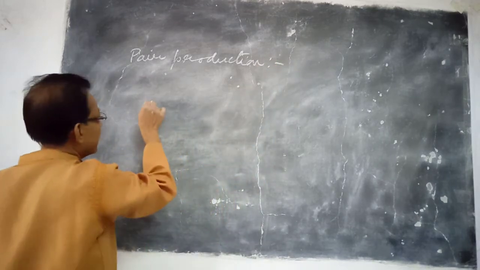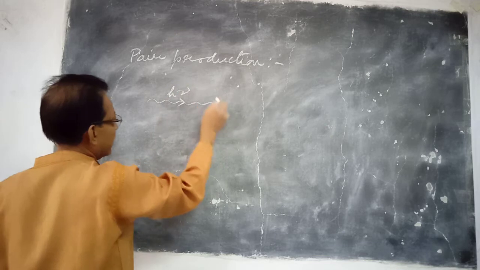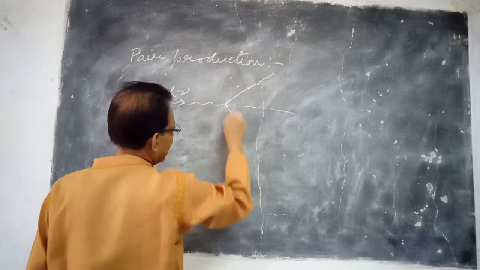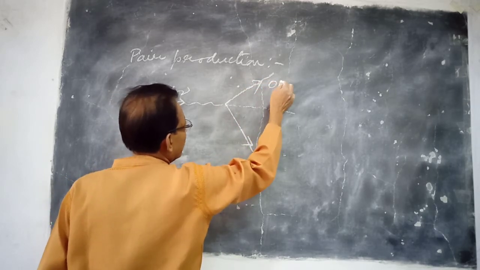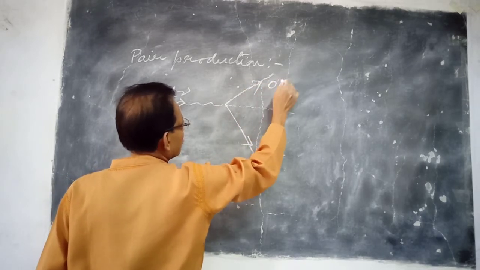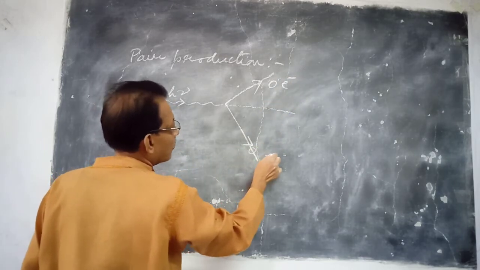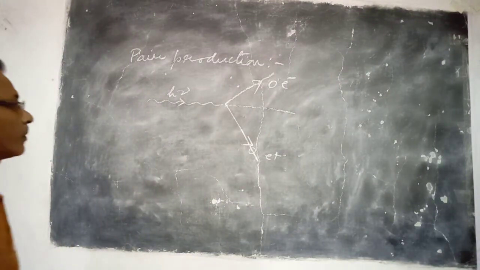Here the energy h nu of the radiation is completely annihilated and two particles of the same mass are created. One is an electron and the other is a positron, a positive electron.